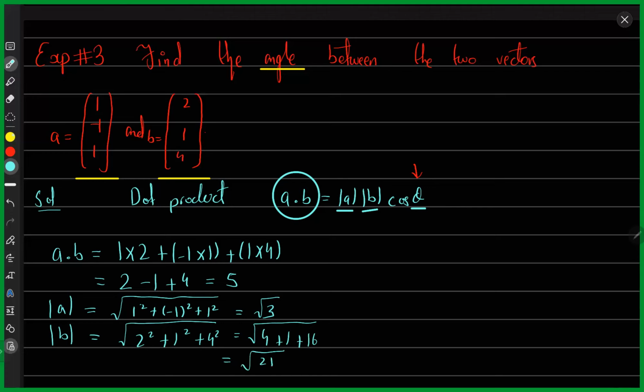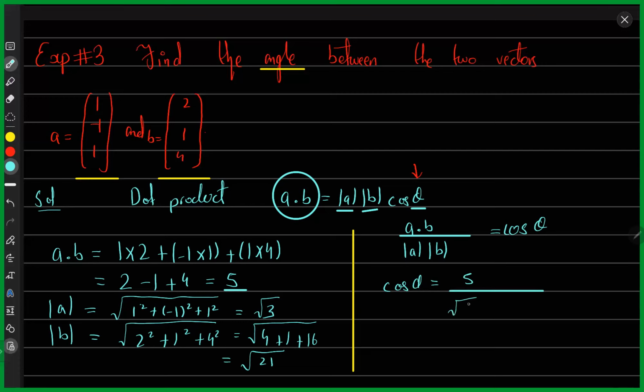So finally, after finding out everything, now I am in the position to use this formula. I can make cos theta the subject by doing this. A dot B divided by A mod into B mod is equal to cos of theta. So cos theta is equal to A dot B, that turned out to be 5, divided by mod A, that was root 3, into mod B, that was root 21.